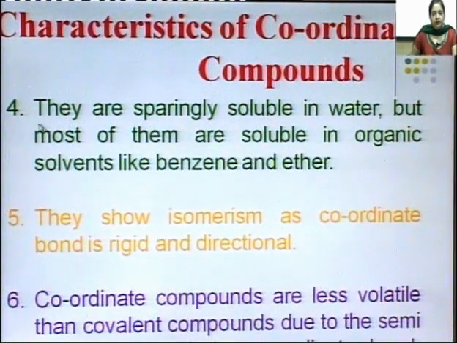Fourth, they are sparingly soluble in water, but most of them are soluble in organic solvents like benzene and ether. They show isomerism as the coordinate bond is rigid and directional. Coordinate compounds are less volatile than covalent compounds due to the semi-polar nature of the coordinate bond.